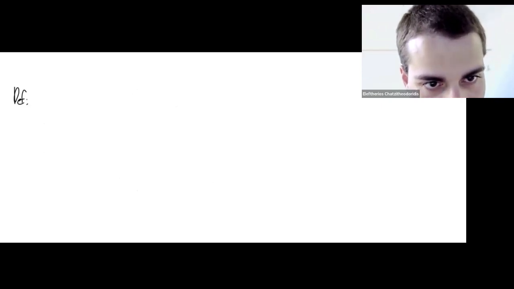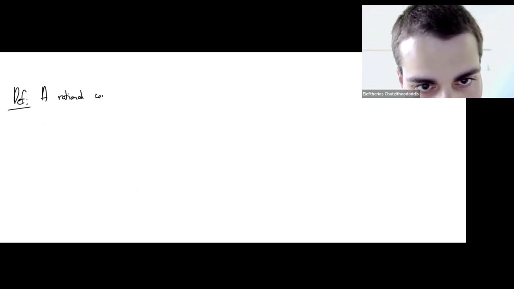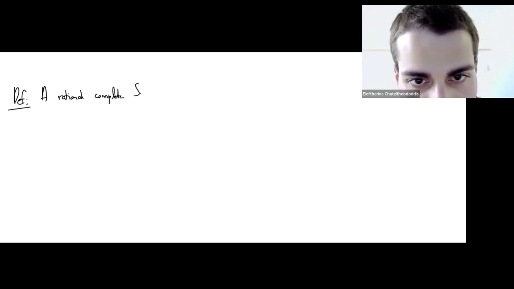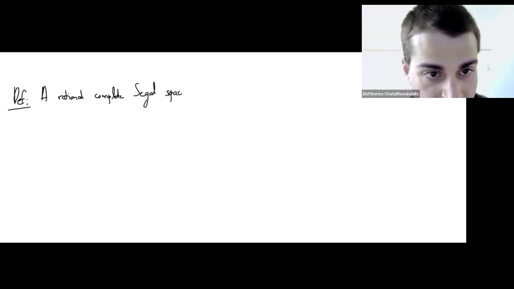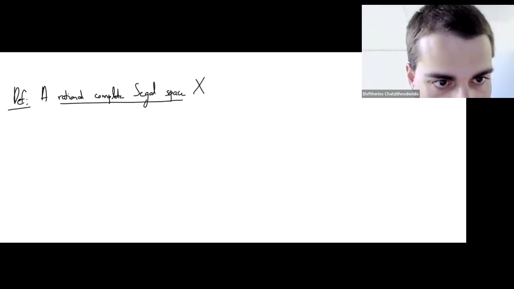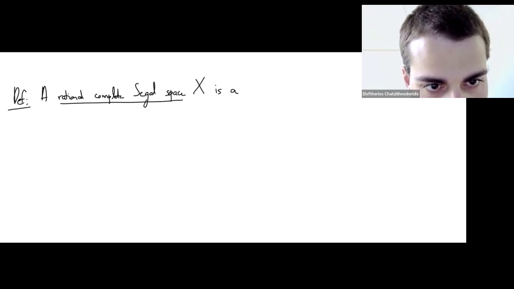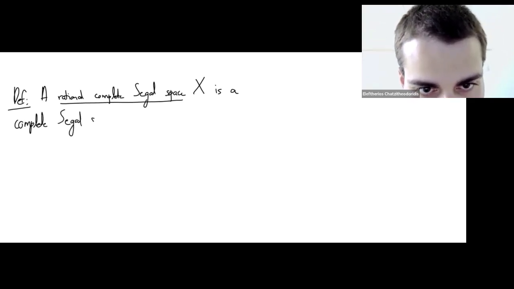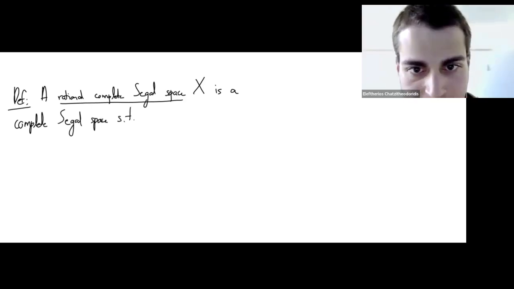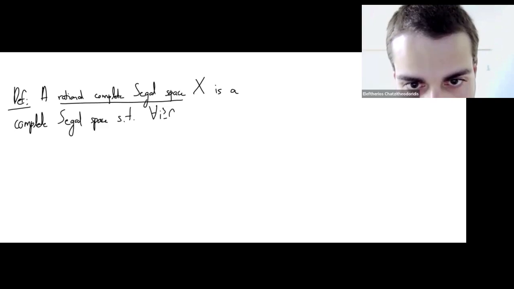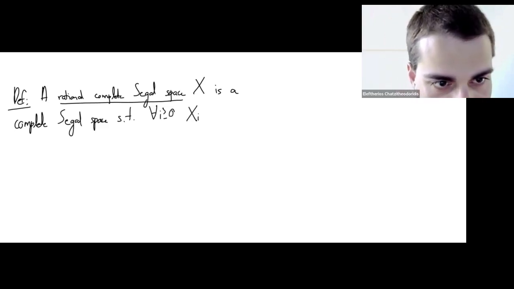A rational complete Segal space X is a complete Segal space, a particular kind of category up to homotopy, such that for every i greater than or equal to 0, if you look at X_i, the space of i-simplices, you ask it to be a rational space in the previous sense. Higher homotopy groups are rational vector spaces.